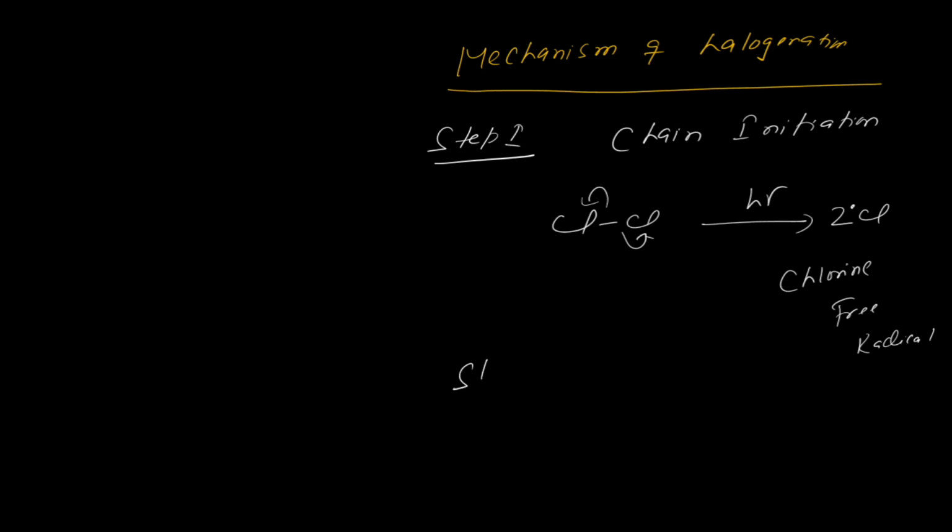If you get the chlorine free radical, then there will be the second step, step number 2. I have one more thing: in place of sunlight, it can also be heated to 520 to 670 Kelvin temperature. So it gives a homolytic cleavage. What is homolytic cleavage?